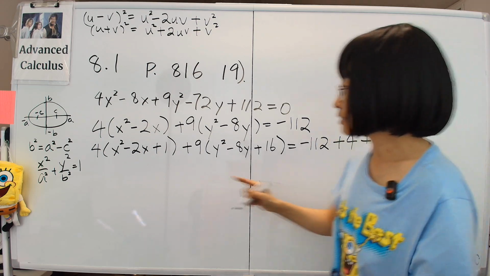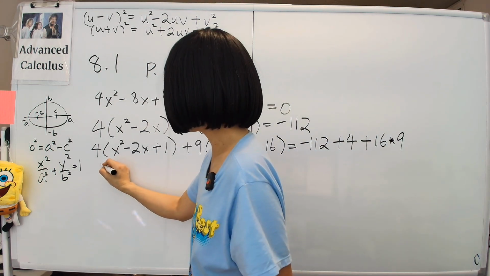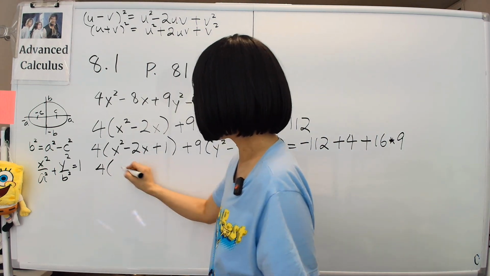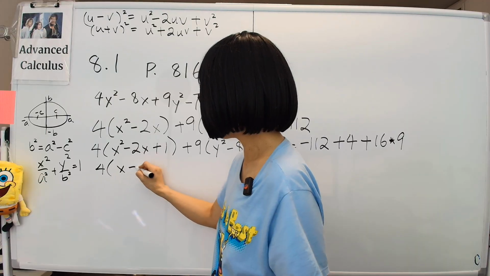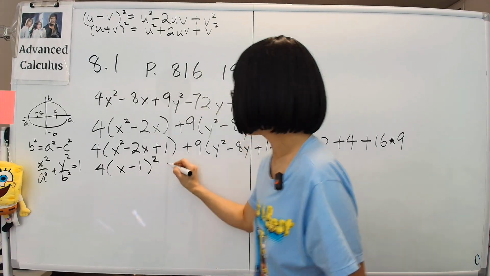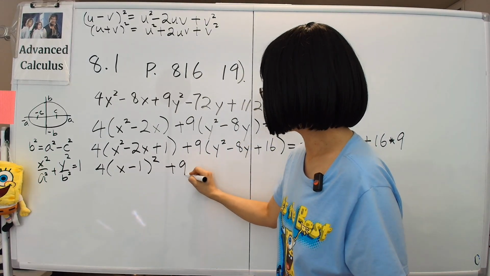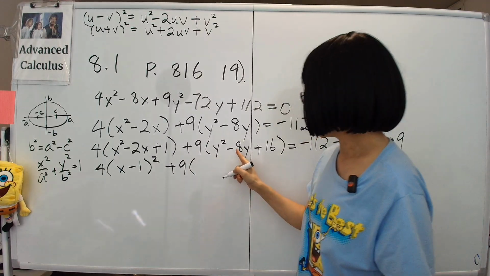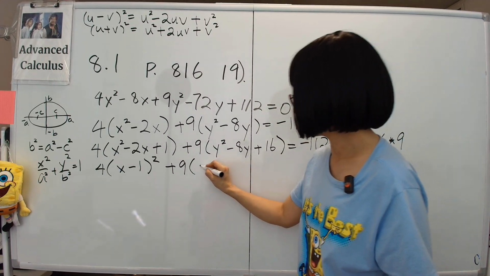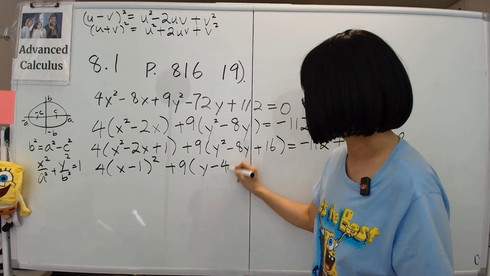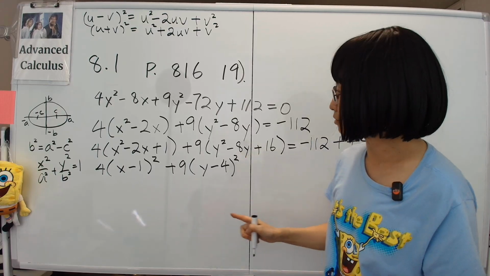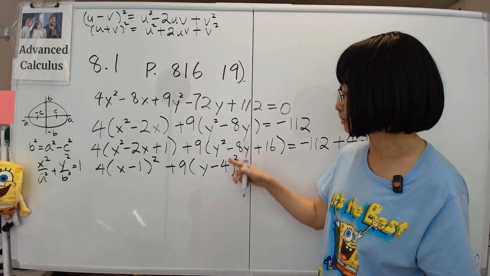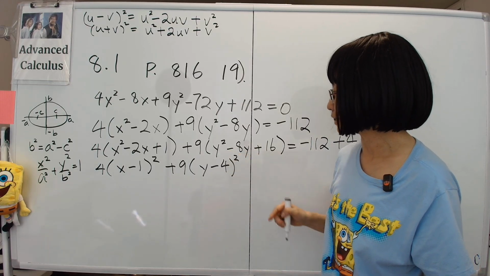Okay, so this becomes 4 times the perfect square x minus 1, squared. And this thing here is y minus 4 squared. And you know they are squared because if you multiply this thing out, it will be exactly that.